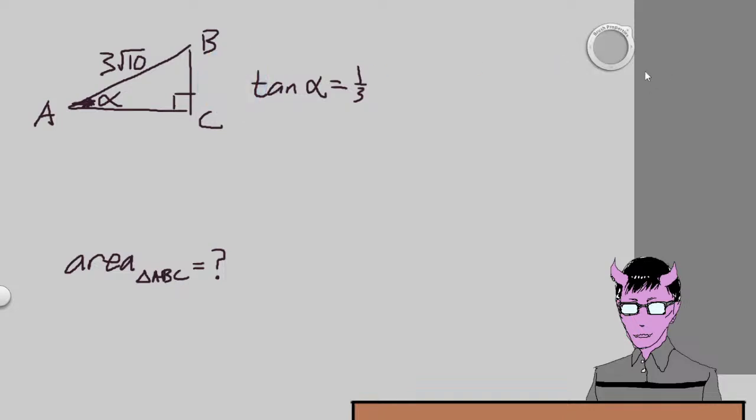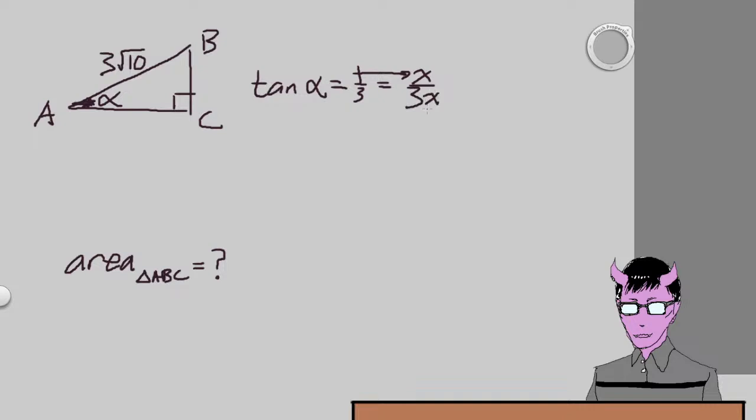Alright, so let me rewrite this. To be very emphatic here, 1/3 is the ratio of opposite to adjacent. These are not the actual sides, so don't just call this 1 and 3. What we do instead is there's an actual value x. We don't know what that value is, but we know that the bottom number is 3 times that of x.